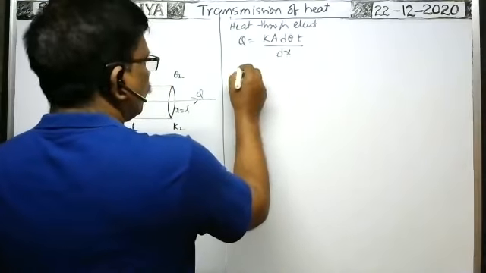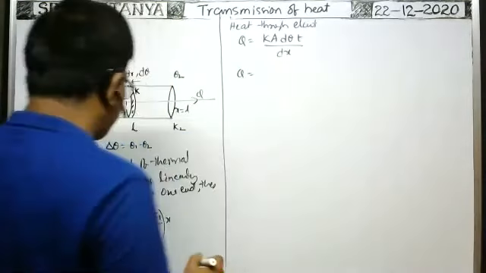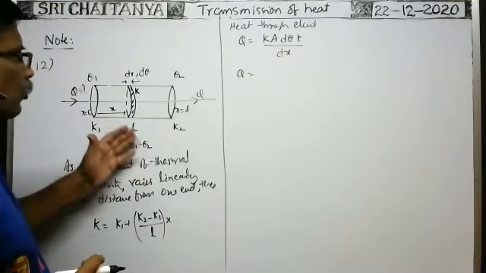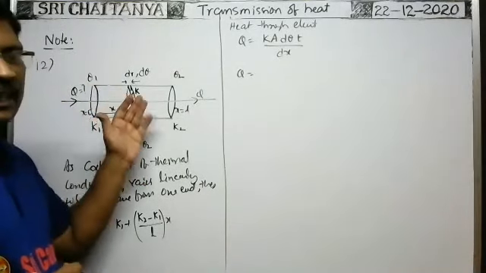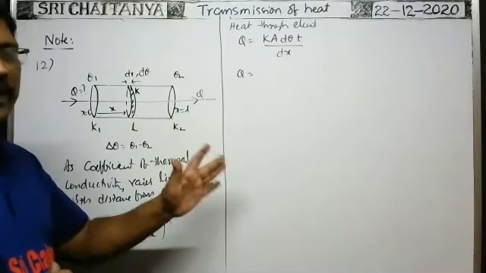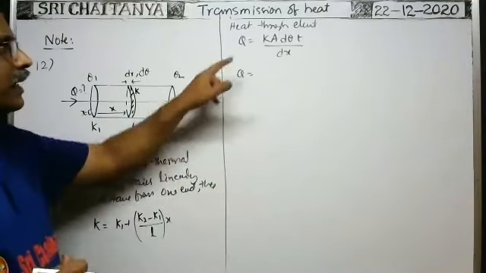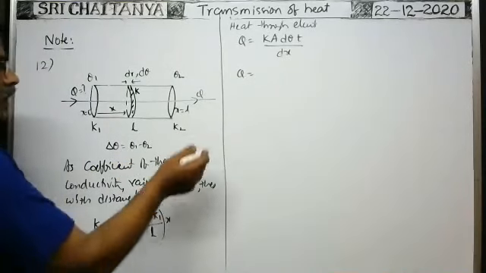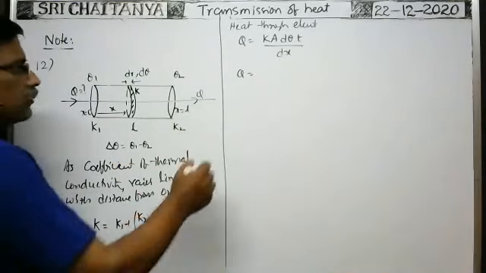Now substitute the value of K. Suppose the K value is not given like this, and the coefficient of thermal conductivity varies with the distance according to the equation K is equal to a plus bx. If it is given like that, then instead of K you write a plus bx only. But here it is given like this, so we have to substitute this value.